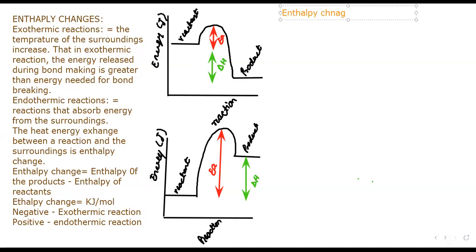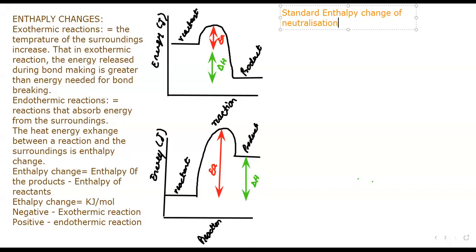Enthalpy changes can be of different types, right? For example, we can have something that is known as standard enthalpy change of neutralization. What actually is it?